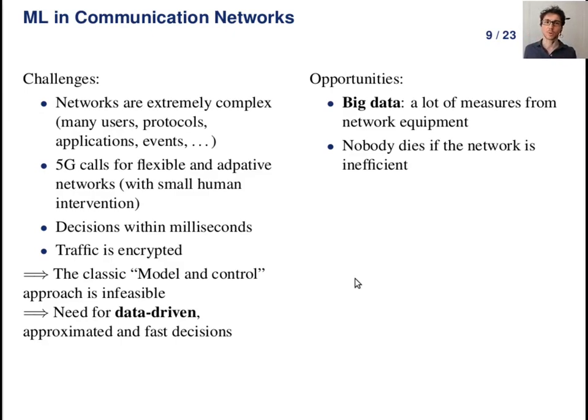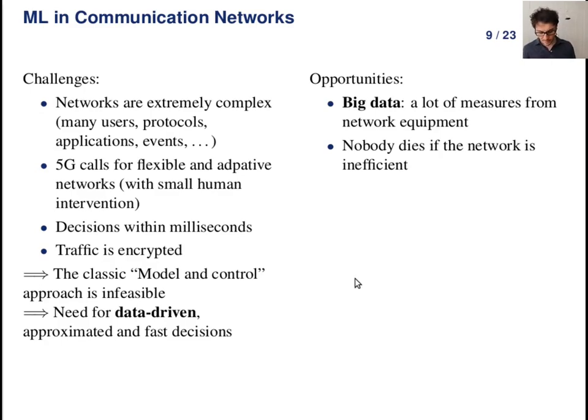And there are many protocols, many applications that coexist in the same network. Moreover, 5G calls for flexible networks that are able to observe the current state in terms of available capacity, load coming from users, etc., and adapt the utilization of these resources to these conditions. And since these conditions can change very fast, this readaptation must happen within milliseconds.